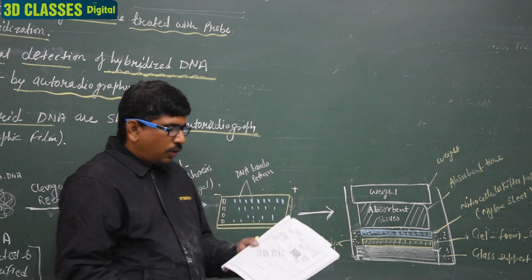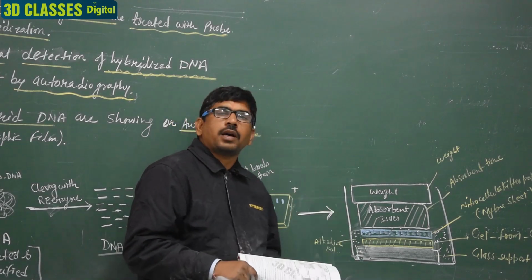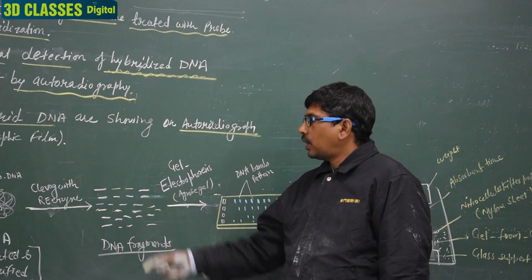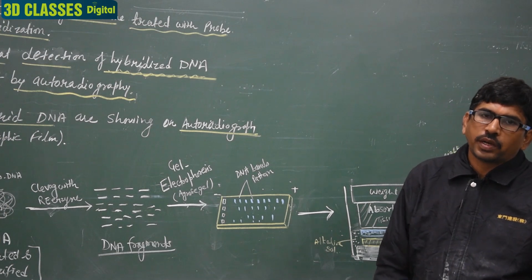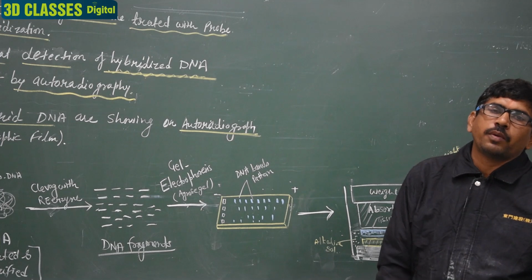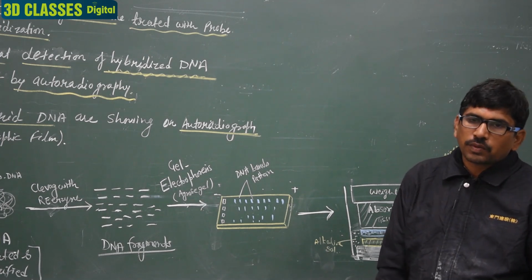So in your book this diagram is given, and I draw this diagram here and explain. First the DNA, then isolate the DNA and purify the DNA, then DNA cleavage with one or more RE enzymes, and then we obtain the different types of fragments of the DNA.